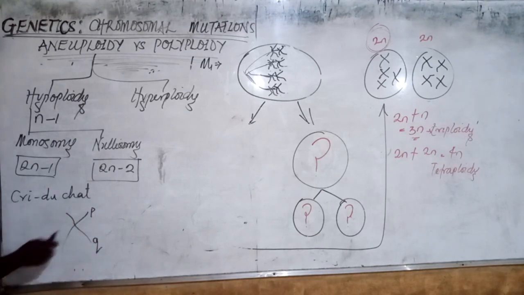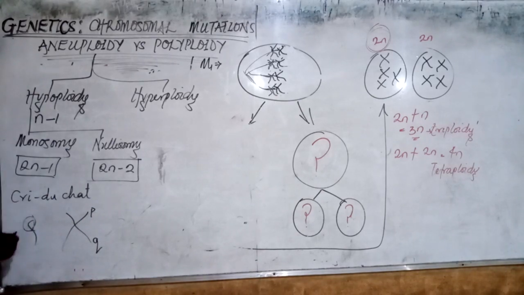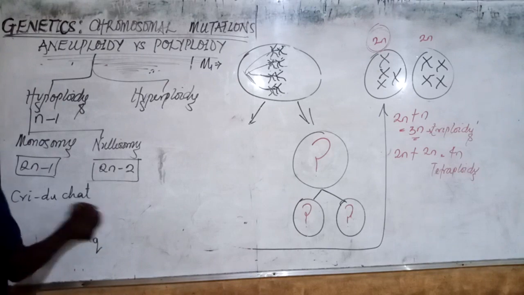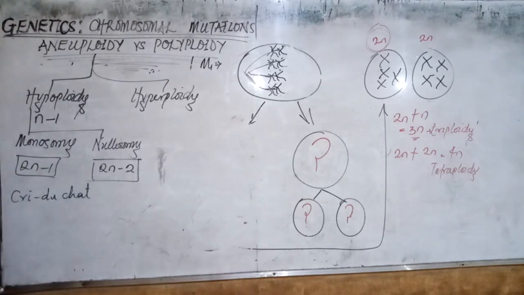So when there is a deletion of this P-arm for a chromatid, let's use a single strand of chromosome, it is a result of the 5th chromosome of human. The syndrome is called the Cri-du-Chat syndrome. Alright. Another type of syndrome that exists in humans is the Turner's syndrome.